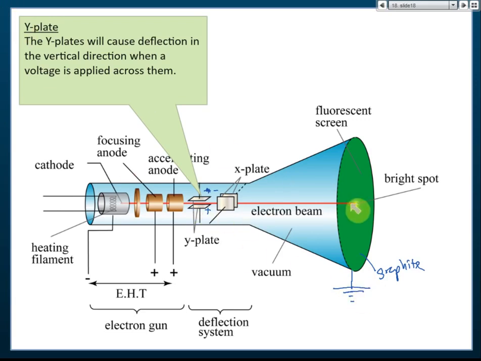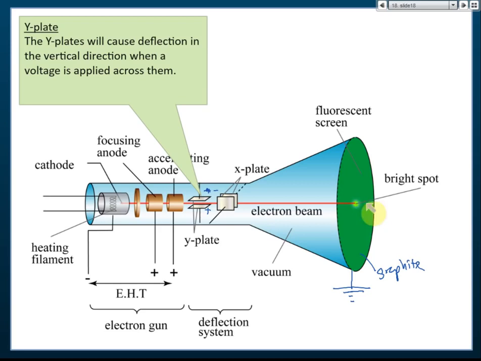Because when the electrons hit here, we don't want the electrons to accumulate here. When the electrons accumulate, it will create a very high negative voltage. We don't want this. So when the electrons collide with this fluorescent screen, the graphite, which is a conductor, will conduct the electrons to the earth wire.